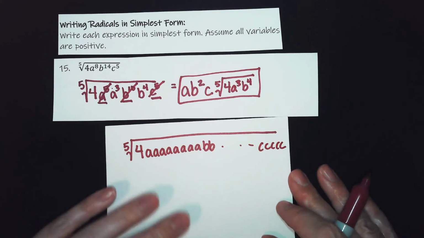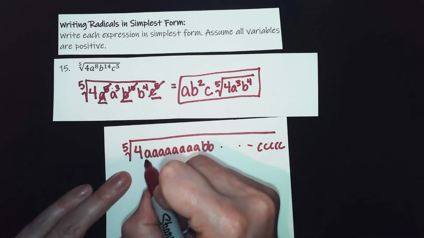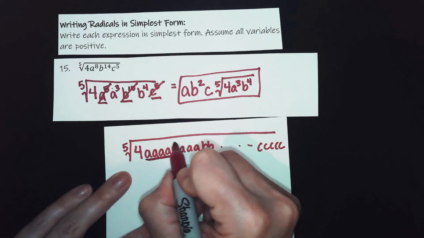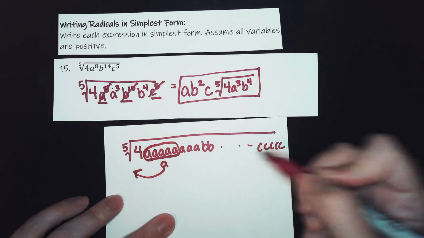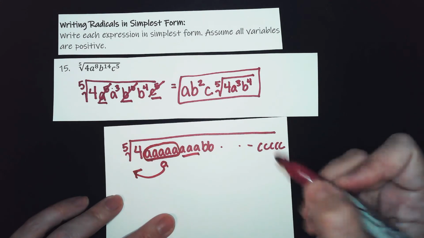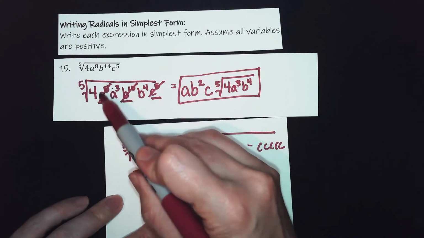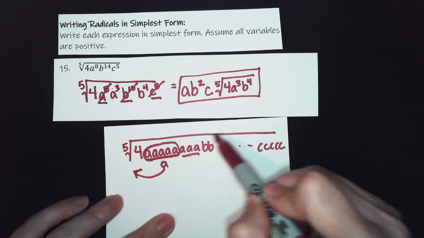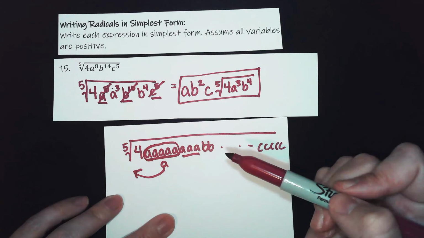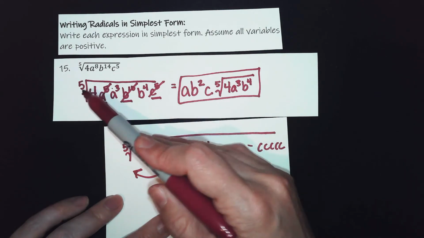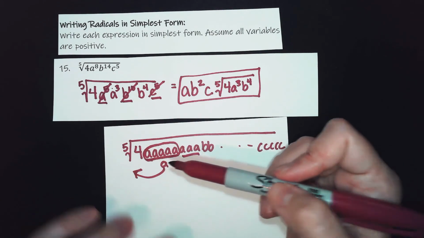And for every group of 5, 1, 2, 3, 4, 5, that a goes to the outside. Then I have 3 a's left. And that's what we ended up doing when we just did it this way. So you can write them all out if that helps, or just take out whatever the root is, that many ones that are powers that are divisible by that.